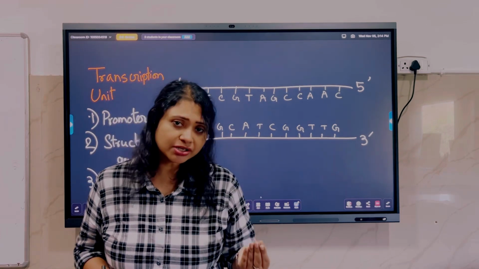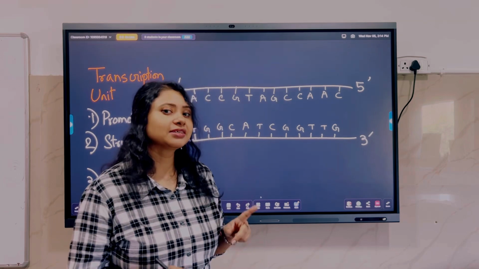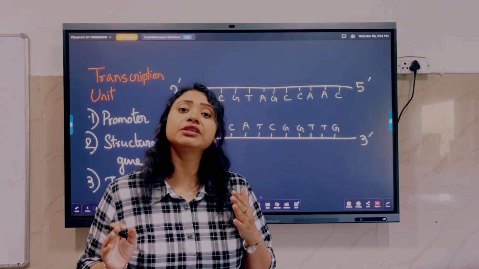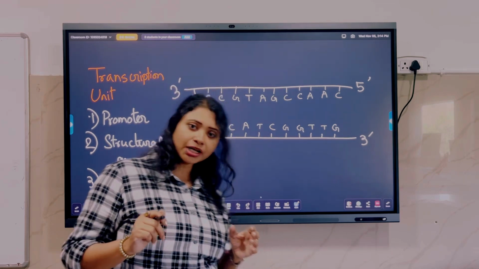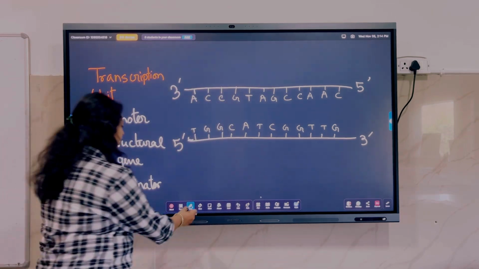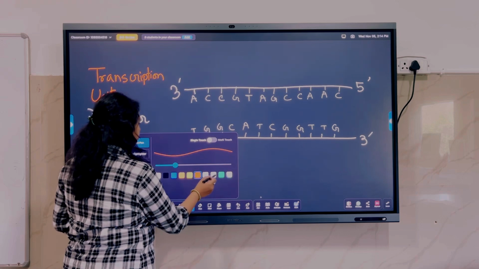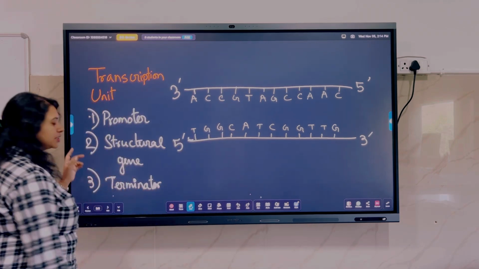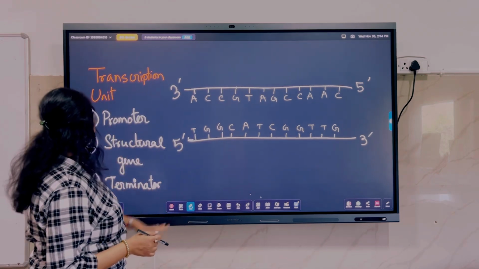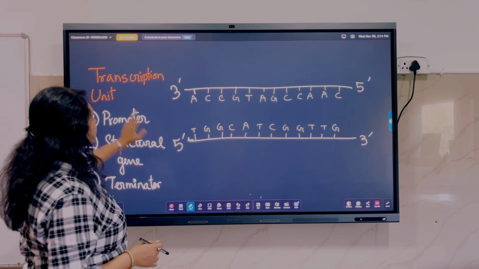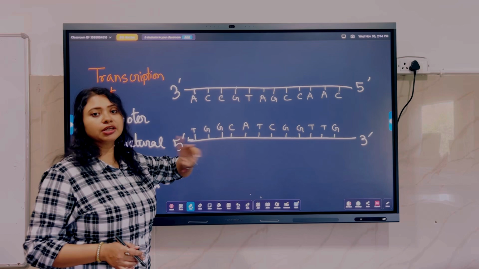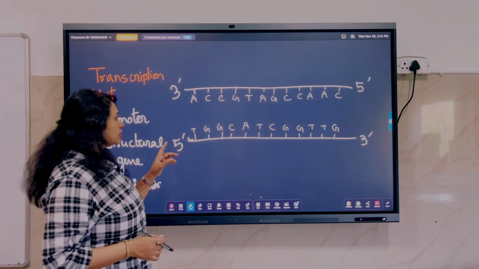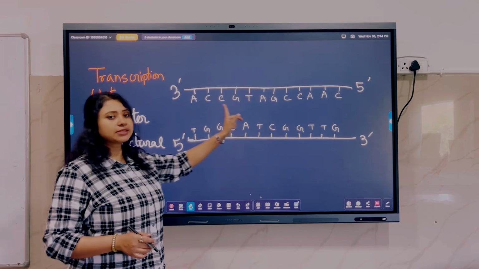Why is the name messenger RNA? Because this RNA is carrying some information or message to produce protein molecules. Now, first, for production of the mRNA we need an enzyme. The enzyme is going to work on this DNA strand.